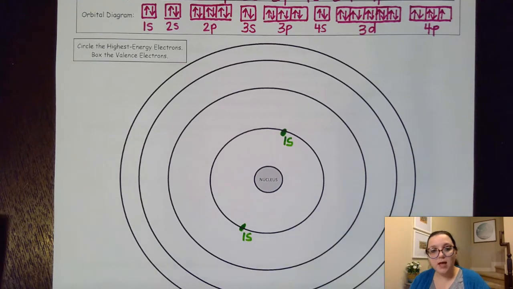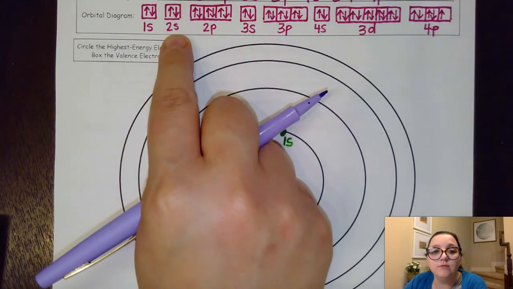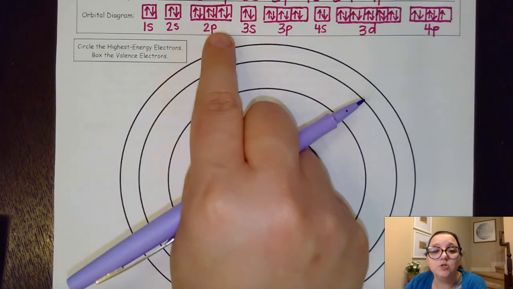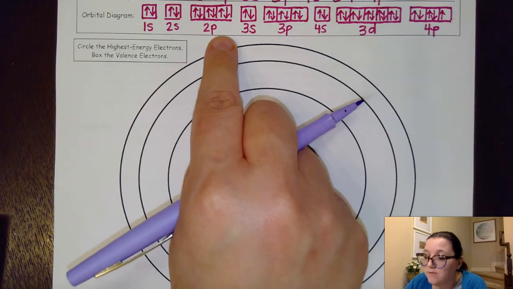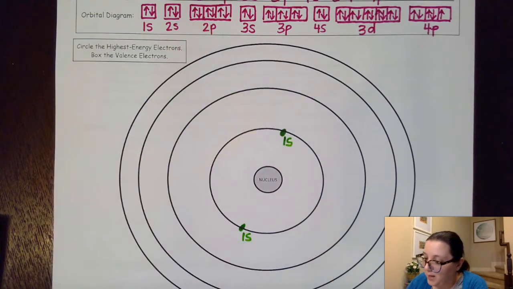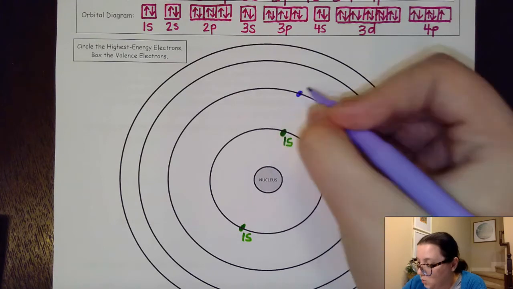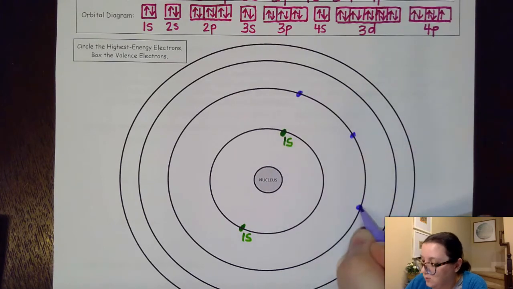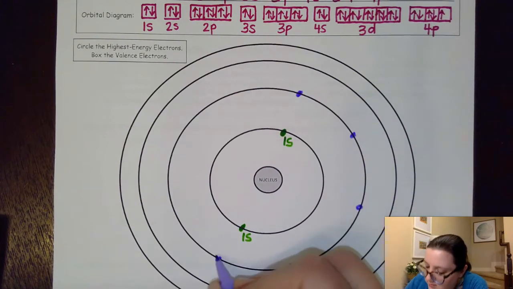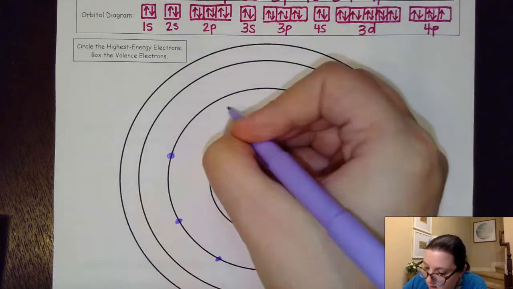Okay, so now I'm going to go to the second energy level. On the second energy level, I have 2s and 2p, and that's a grand total of 8 electrons. Back in middle school, you would just put the 1, 2, 3, 4, 5, 6, 7, 8 dots there.